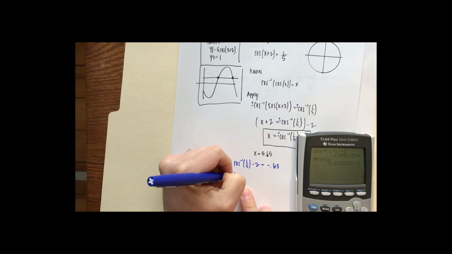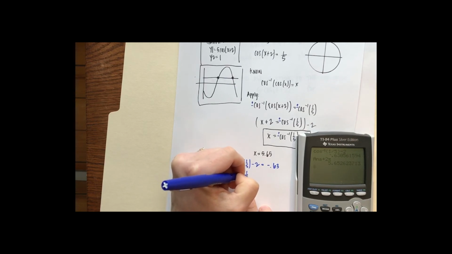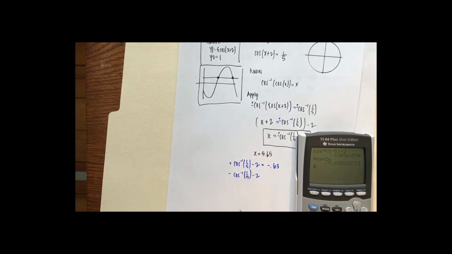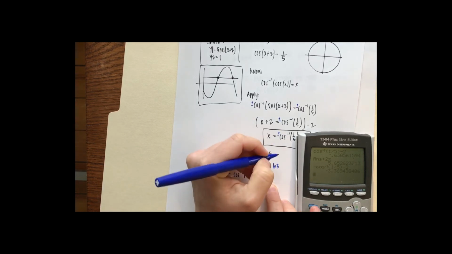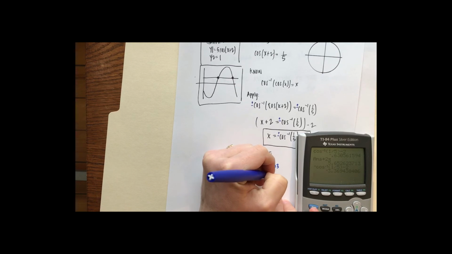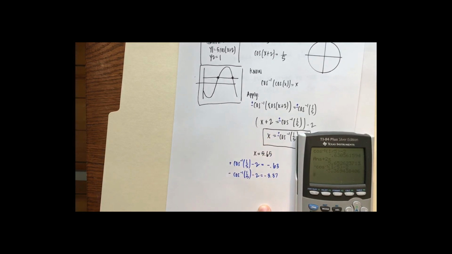When we look at negative cosine inverse of 1/5 minus 2, we get negative 3.369 as an approximation. I'll round it to negative 3.37.